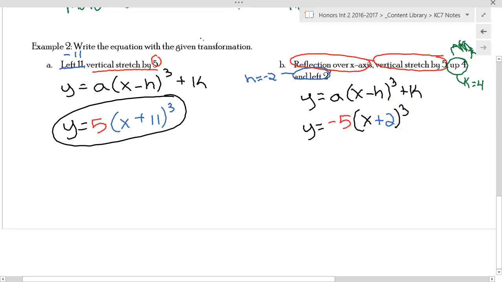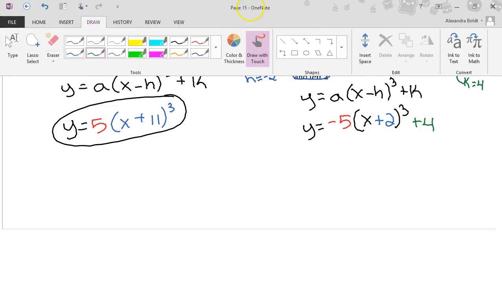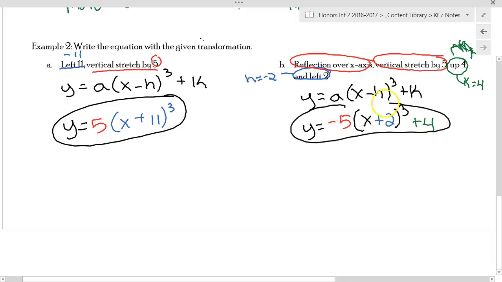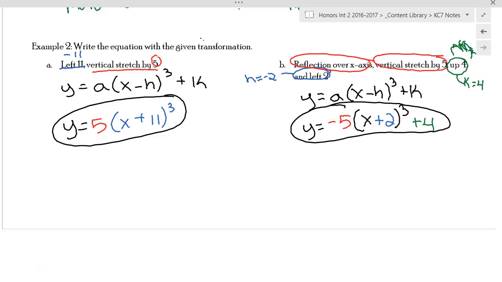Cubed. And then k is positive 4. So this is going up. So plus 4. So that would be my equation. Y equals negative 5 times (x plus 2) cubed plus 4. And that is it. Have a wonderful night, guys.